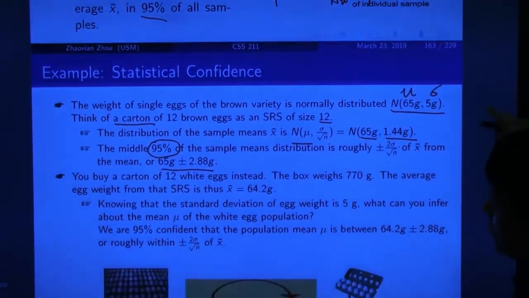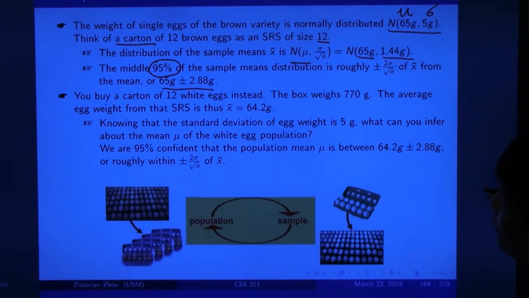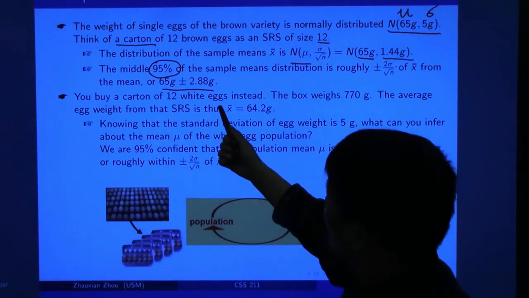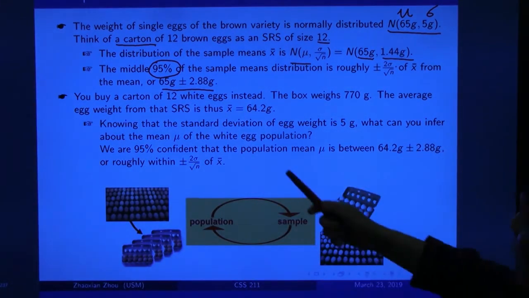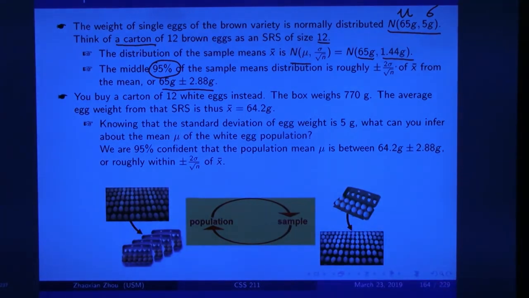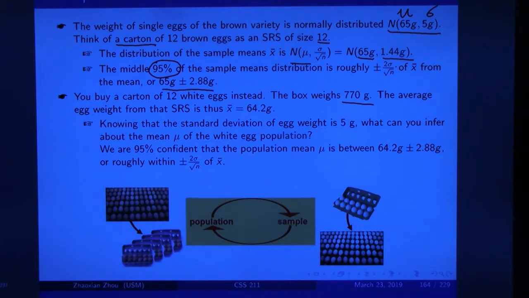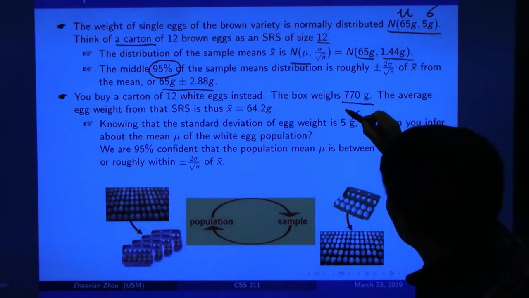Then next, we are going to explain the second point. We buy a carton of 12 white eggs instead, the size n equals 12. We measure the box, it equals 770 grams. So we can easily calculate the mean for this sample.